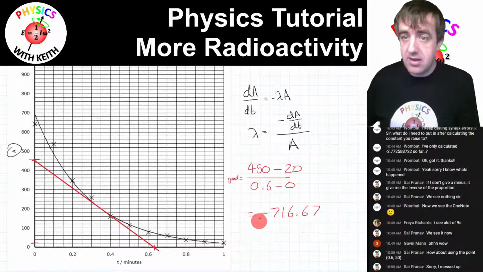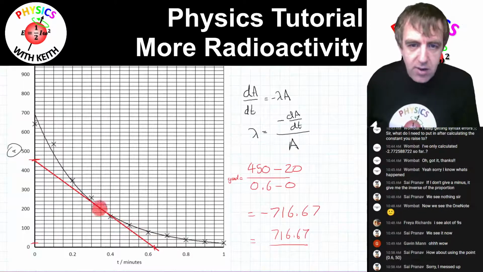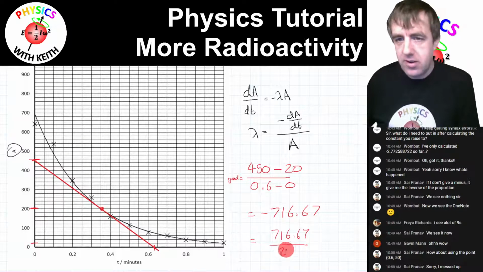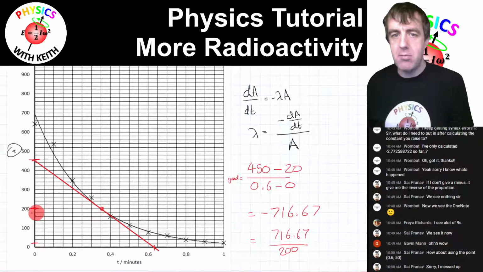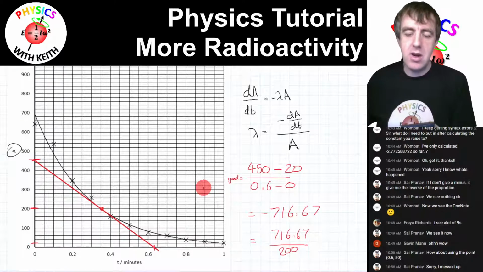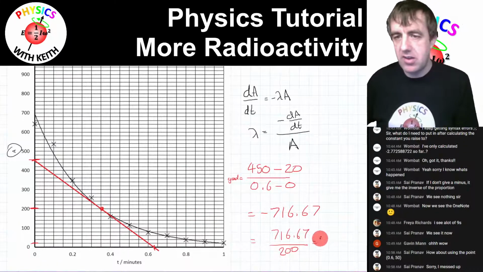So I need minus that, and then divide it by A. So that's going to be 716.67 divided by, and A I can read off. A was this point here, which was 200. Yeah, so it's the gradient of the tangent at that point divided by what that point is. And that gives me my decay constant of, let's call it, 3.6.